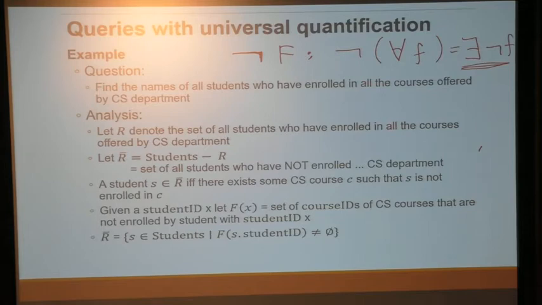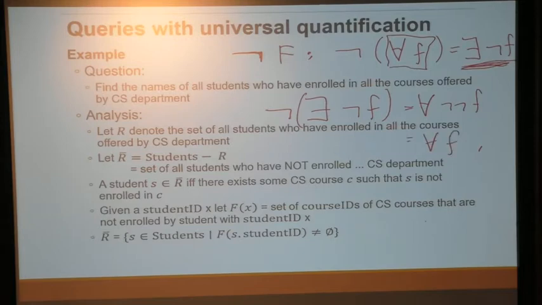Because what we want to ask is this particular one at the inside, for all F. But what we can easily compute is existence on a not F. So to get back for all F, we just have to negate this, and we will get back for all not F, which is equivalent to for all F. So this is what we can do.